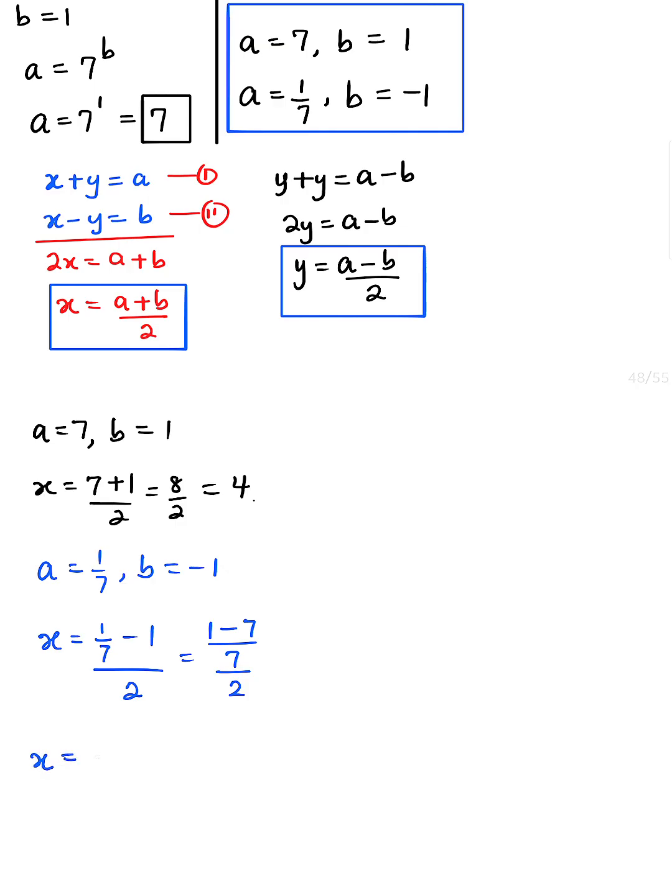Then x becomes -6 all over 7, all over 2, which gives us -6 all over 2 times 7. Then x becomes -3 over 7. Why? Because 2 divides into 2 once, and into 6 three times. So the values of x here are 4 and -3 over 7.